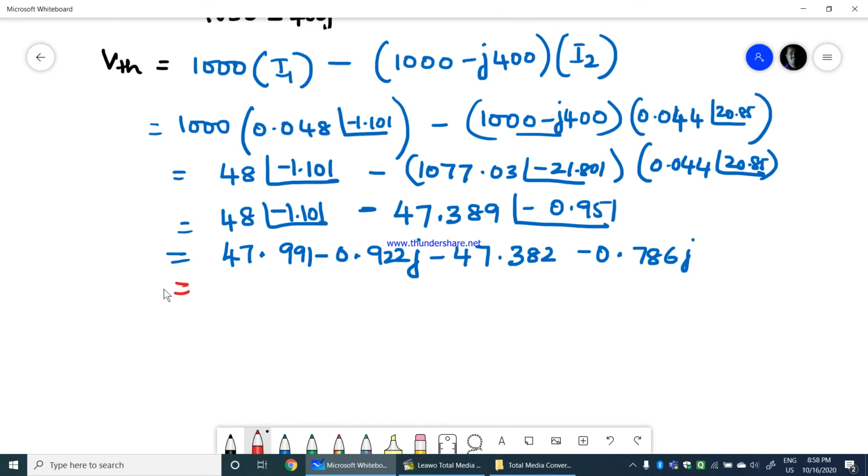Finally, this would be equal to 47.991 minus 47.382 would be equal to 0.609, minus 0.922, 0.786, minus 1.708J.